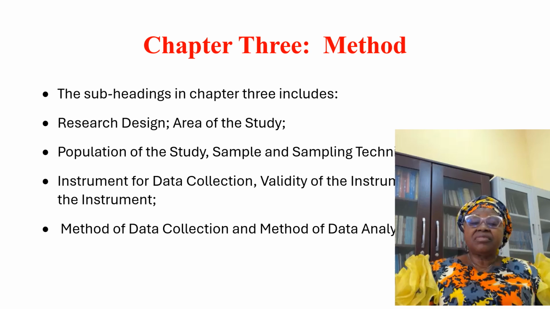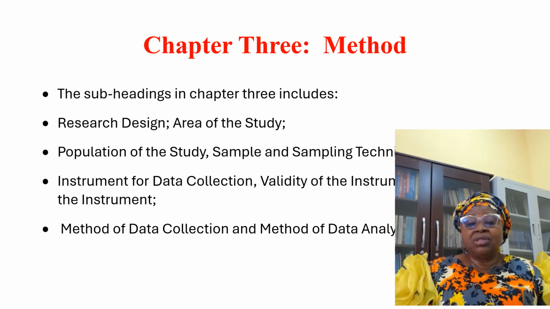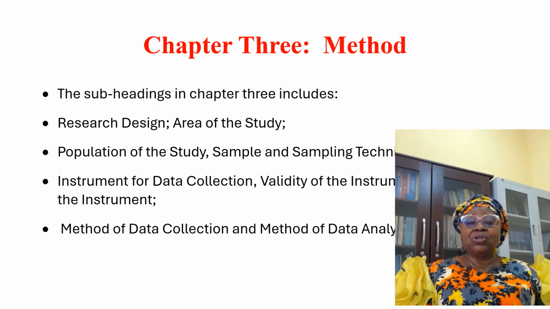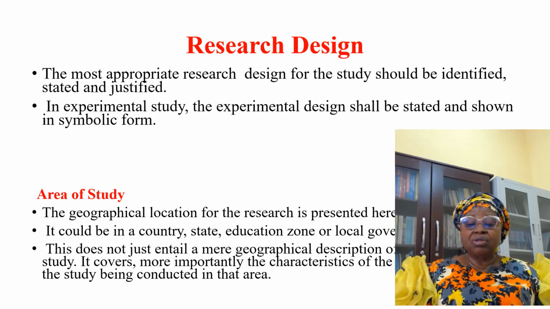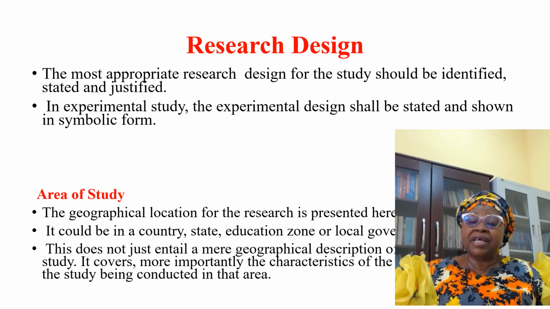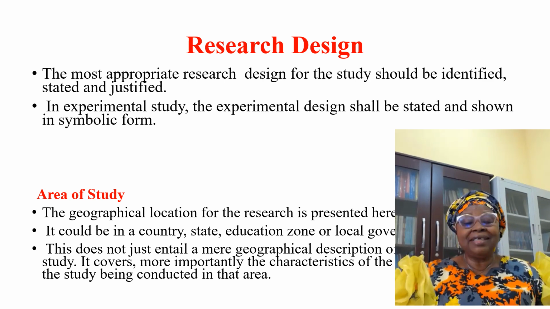If it is an experiment, you put experimental procedure. If it is instrumentation, you also add instrumentation procedure. So let's look at design. The most appropriate research design for the study should be identified, stated, and justified.